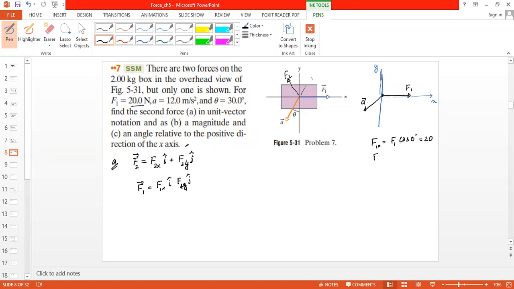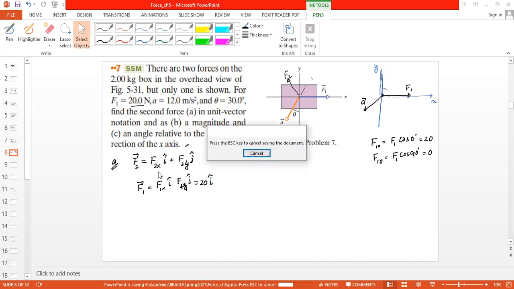Same here, F1y equals F1 times the cosine of the angle it makes with the y-axis. It makes an angle of 90 degree with the y-axis, or you can write sine 0, same thing. That is 20 times 0, cos 90 means 0, so it equals 0. So F1 in unit vector notation is 20 i.